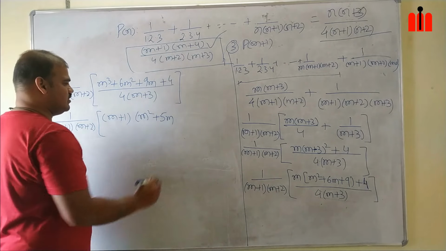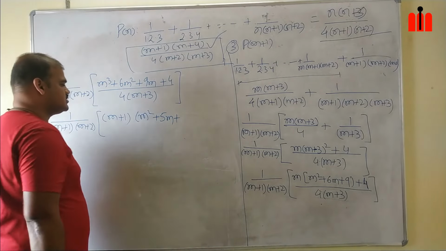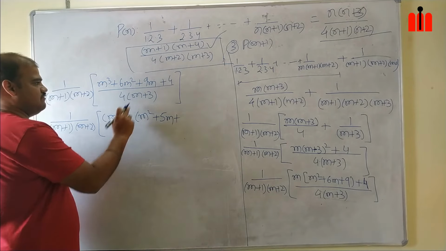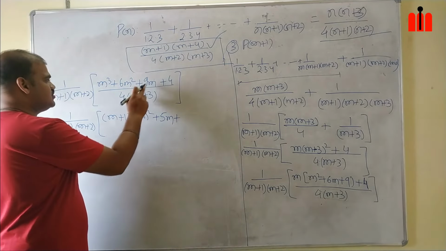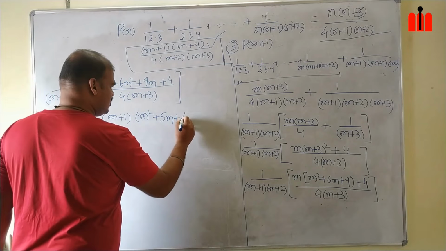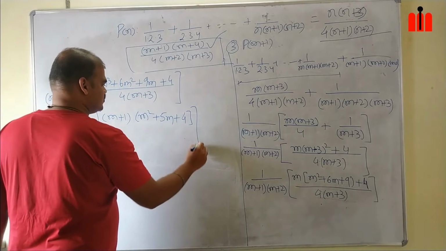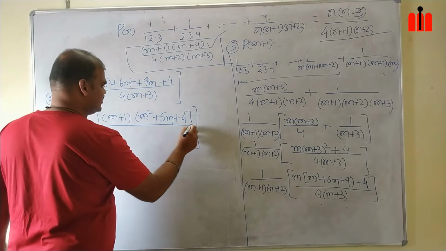You will get 6m square plus 5m into 1. So it will be 5m, but here it is 9m, so we have to get further 4. So it is 4. So this is the factorization.